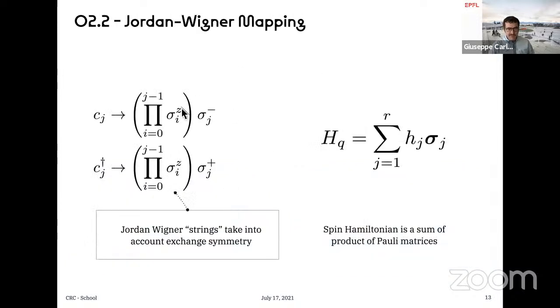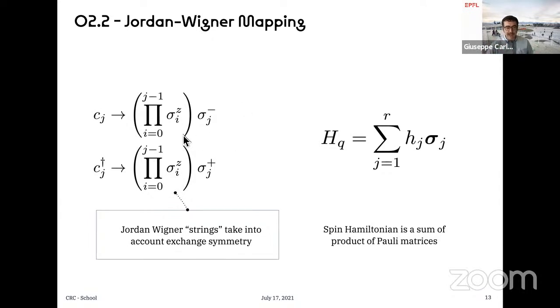The Jordan-Wigner mapping allows you to convert fermionic raising and lowering operators into creation and annihilation operators for spins, so sigma plus and sigma minus, just spin operators. The price you have to pay is that you have to introduce these famous Jordan-Wigner strings in this representation, which correspond to the sign when you exchange two fermions.